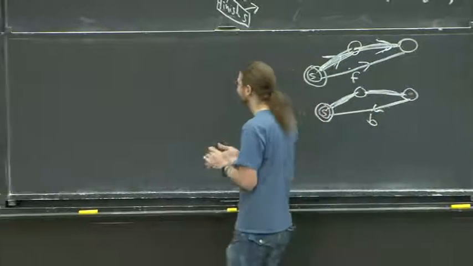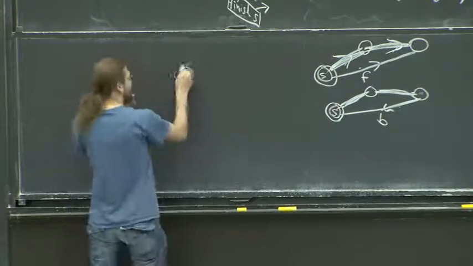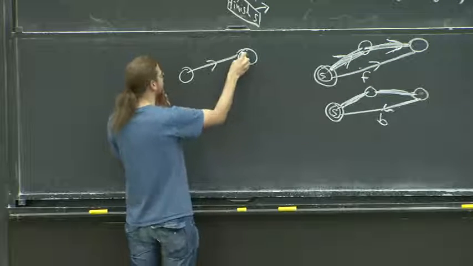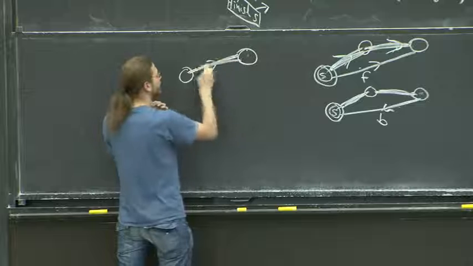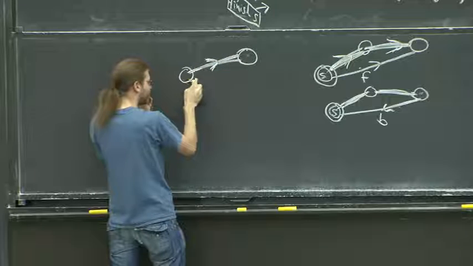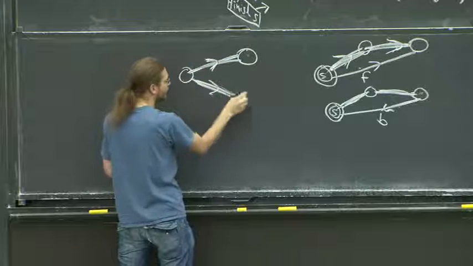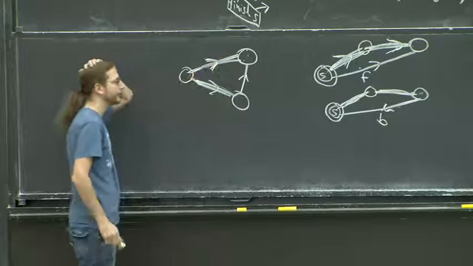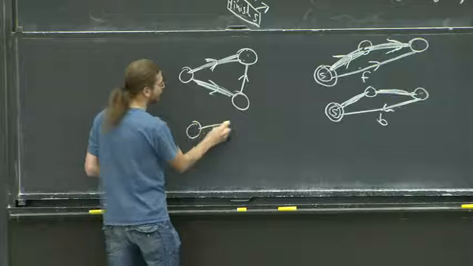Let's try to draw this. So cross edge, typical scenario would be you go here, you follow this edge, you backtrack, you follow another edge, and then you discover there was an edge back to some other subtree that you've already visited. That can't happen in an undirected graph.